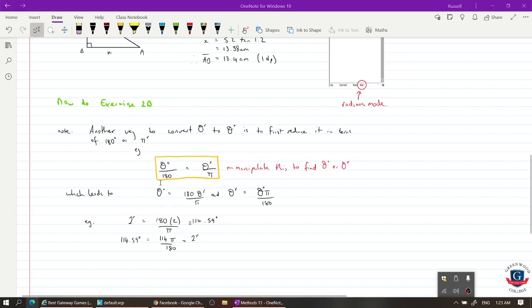So if you're looking for degrees, multiply both sides by 180 and you get 180 theta radians divided by pi. If you're looking for theta radians, multiply both sides by pi and you get theta degrees pi divided by 180.